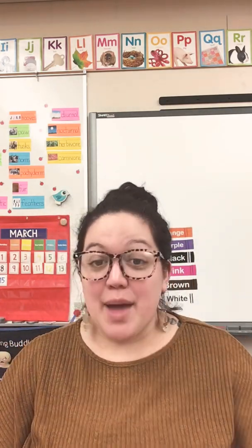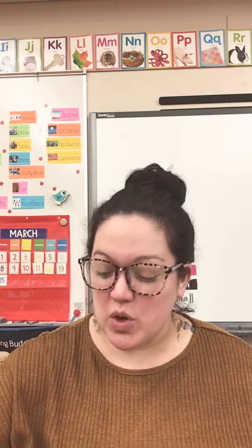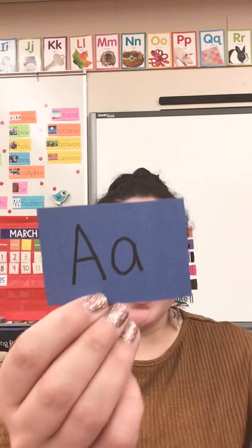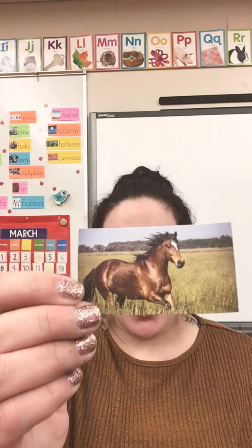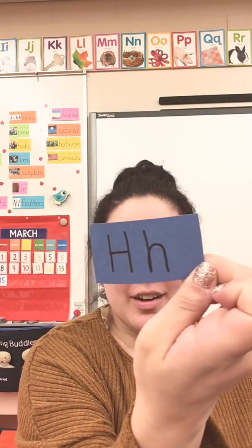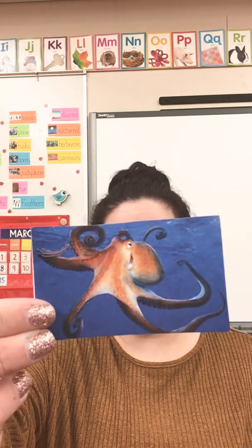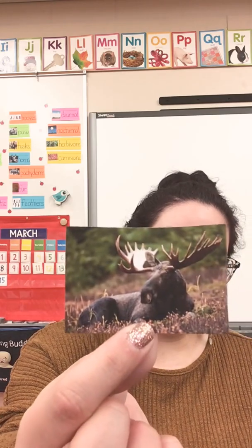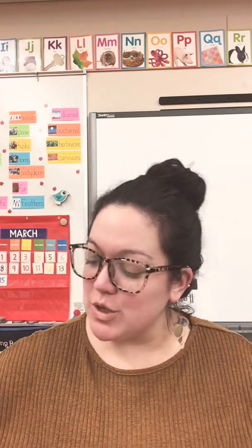Congratulations. Okay, I'm going to show you our animals one more time, and then we will be done. So our first one was an alligator with the letter A. Then we had a horse with the letter H. Next we had an octopus, the letter O. Then we had a moose, and a moose starts with the letter M. Moose.